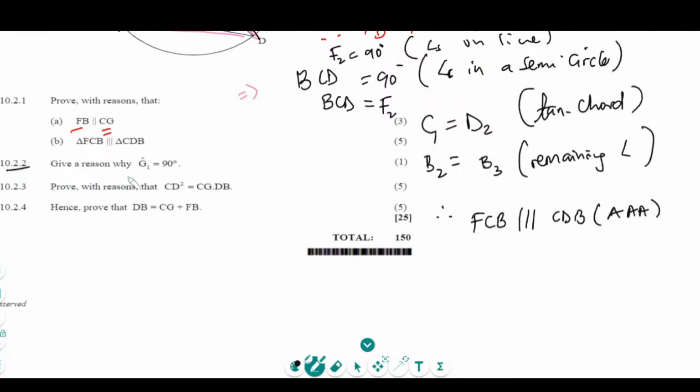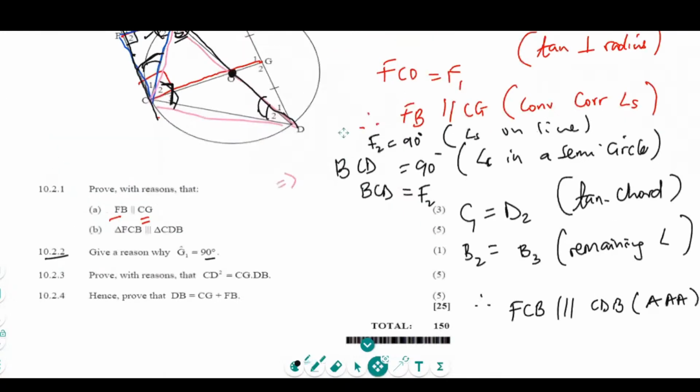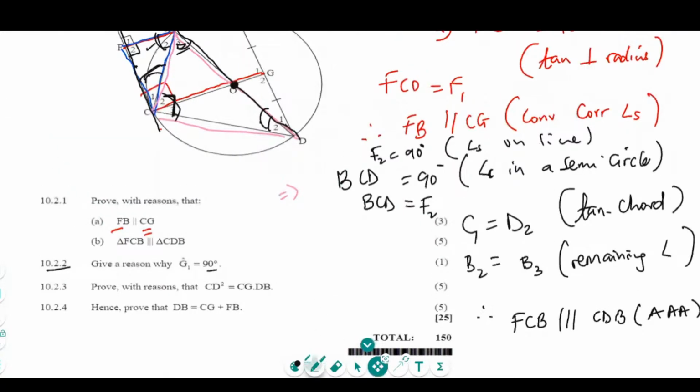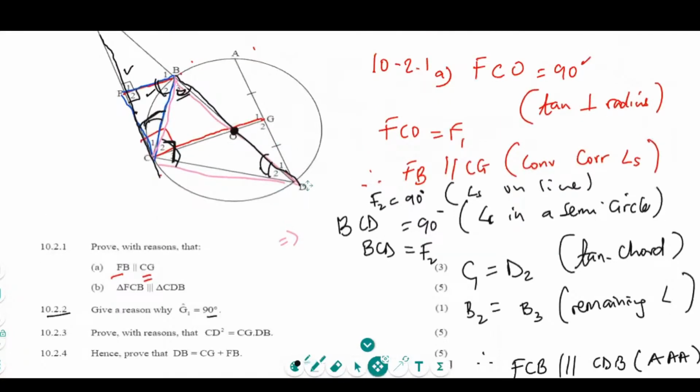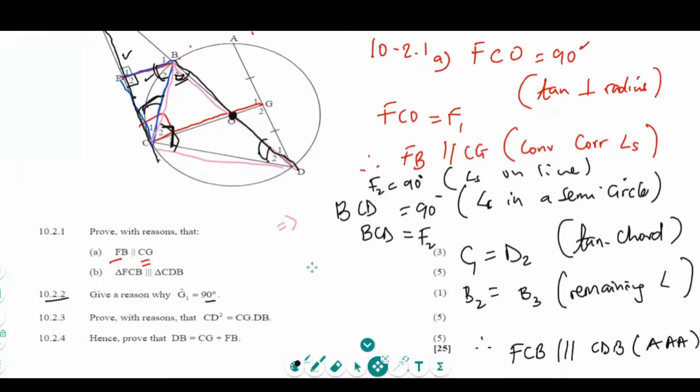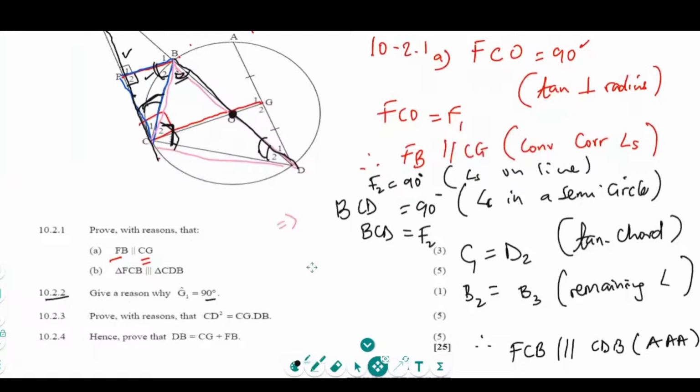Okay, then 10.2.2, they're asking us for a reason why G1 is a 90. G1, where are you? Okay, G1 here is just an angle. We have AD is a chord, and you're seeing that DG is the same as AG. So theorem number one, line from the center perpendicular to the chord bisects the chord, or line that bisects the chord will be perpendicular to the chord.